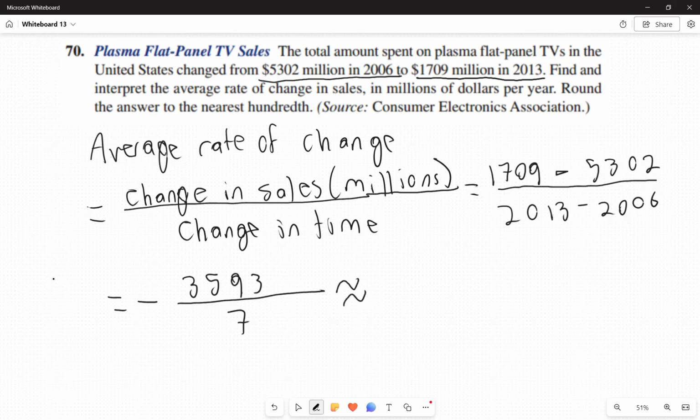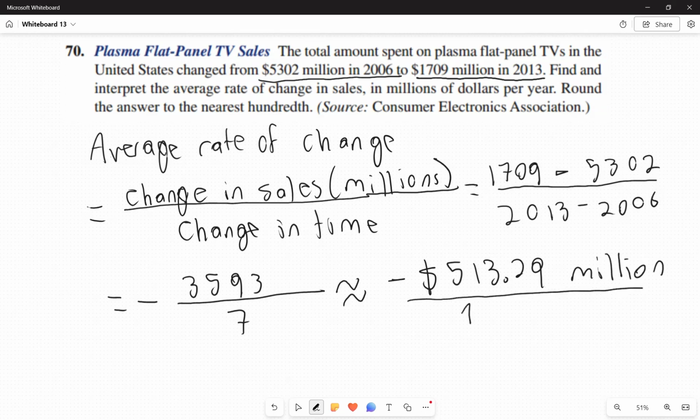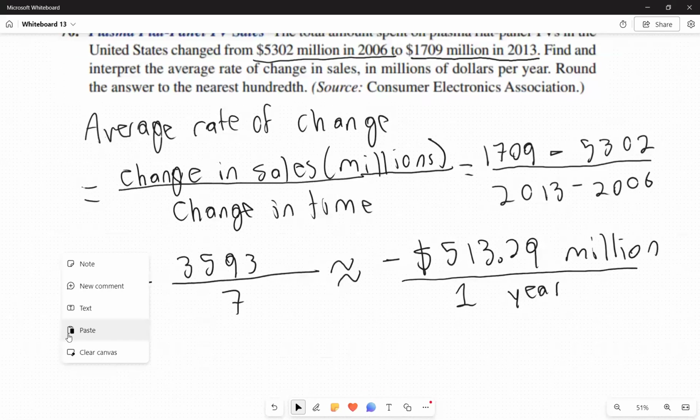So this is approximately negative 513.29 million per year. So the conclusion is that sales decrease by this amount per year.